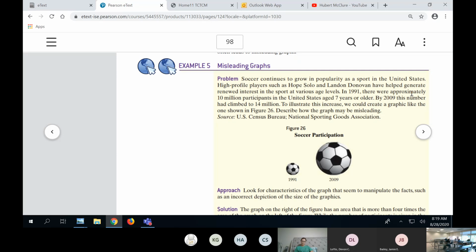Now, does this happen on purpose or does it happen by mistake? Sometimes it happens by mistake. Let's say that this is a newspaper article or a magazine article, and you've got a number cruncher at the magazine or the paper, a person that does the math and sends it to the graphics department.